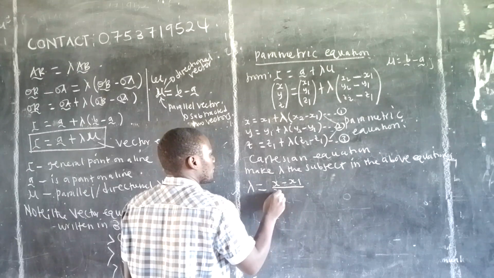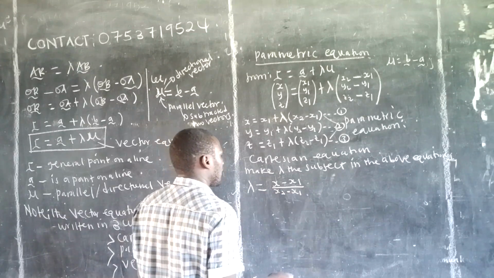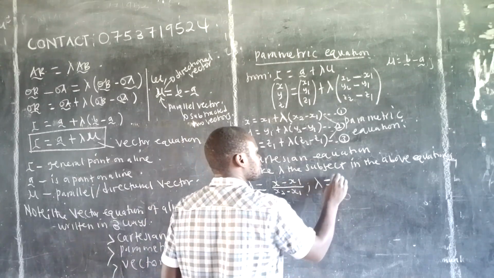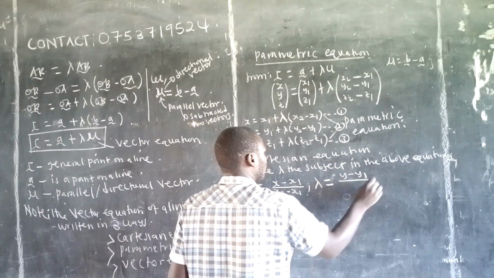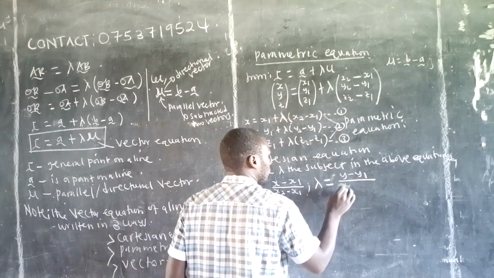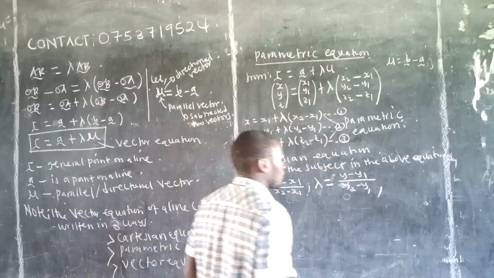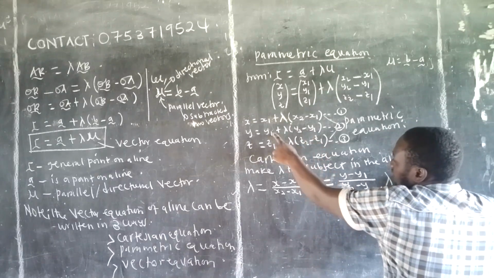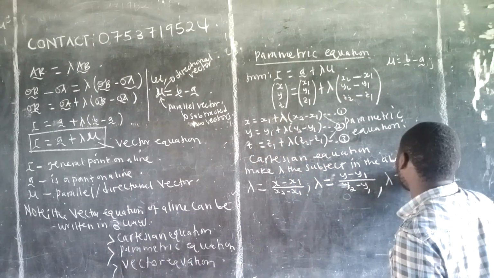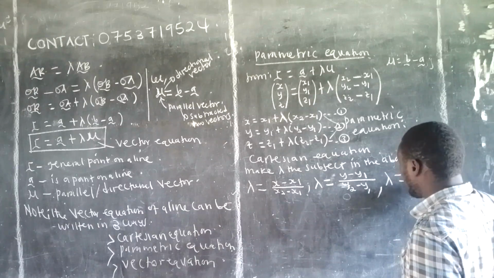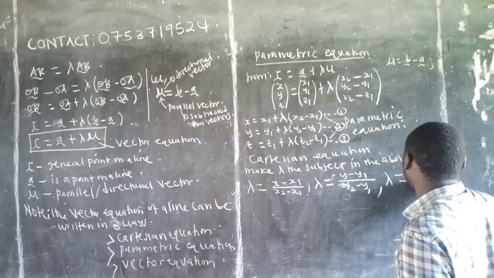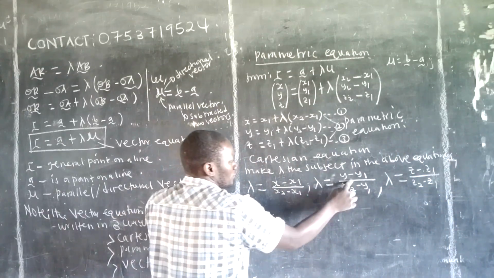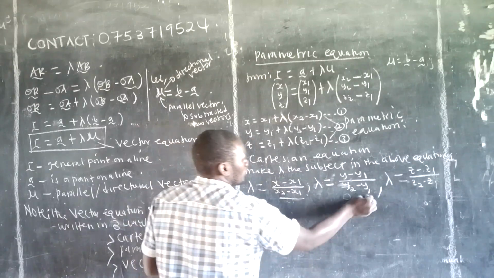divided by x2 minus x1. Lambda is also equal to, here, y minus y1 over y2 minus y1. Then lambda is also equal to, I've made lambda the subject here, so this goes to this side, divided by that. So finally lambda is equal to z minus z1 over z2 minus z1. Since lambda is equal to this, and lambda is equal to that, it means you have this equal to that, equal to that.